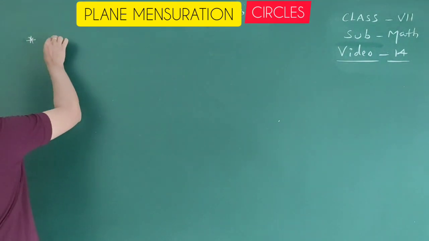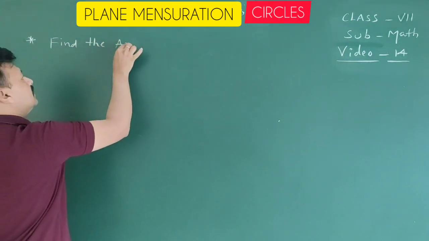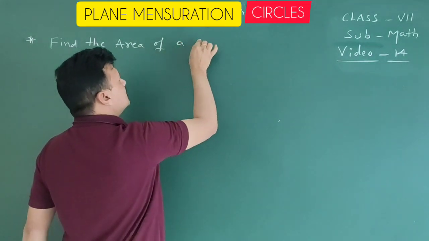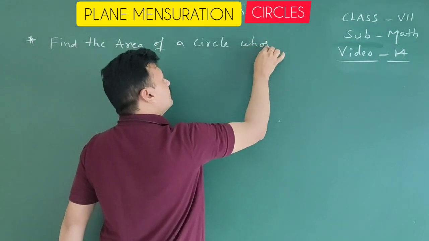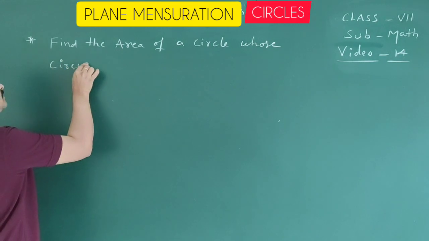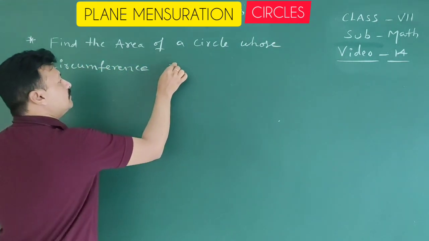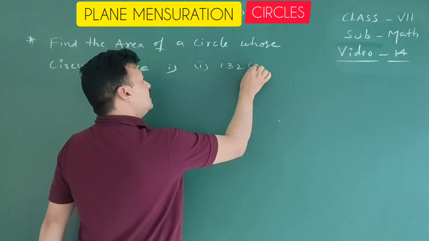Here, find the area of a circle whose circumference is 132 centimeters.